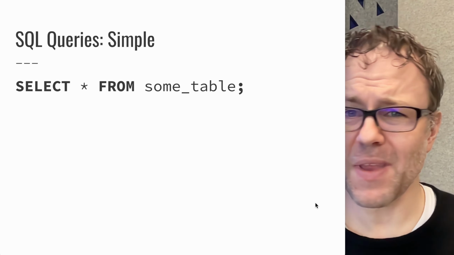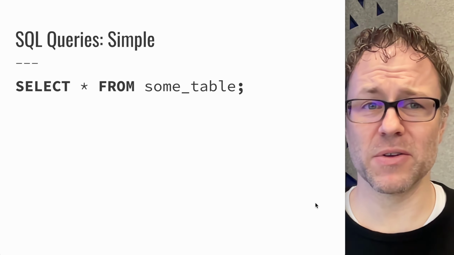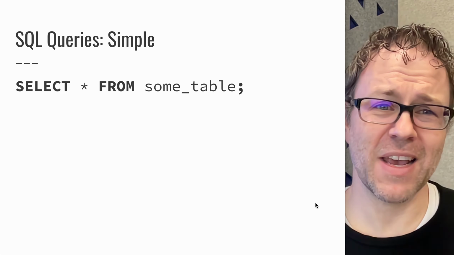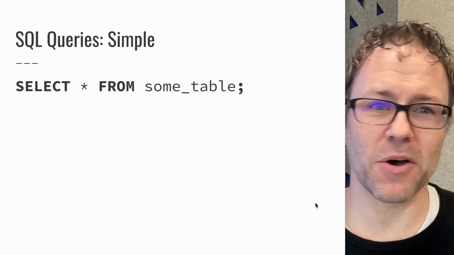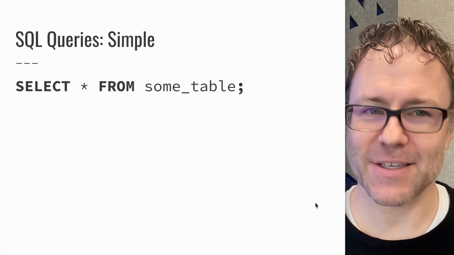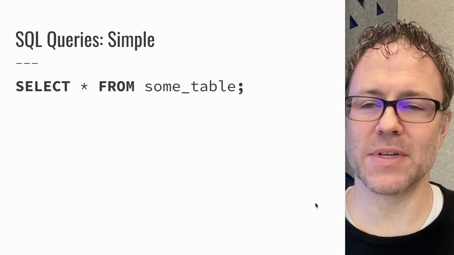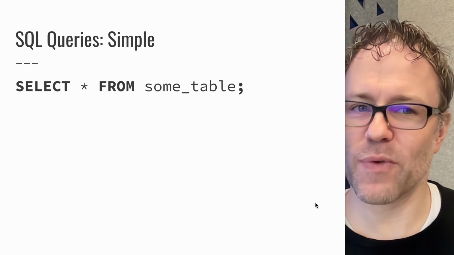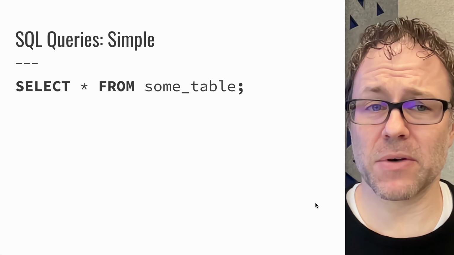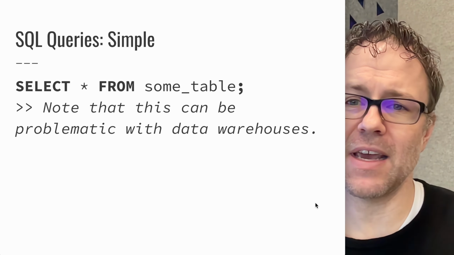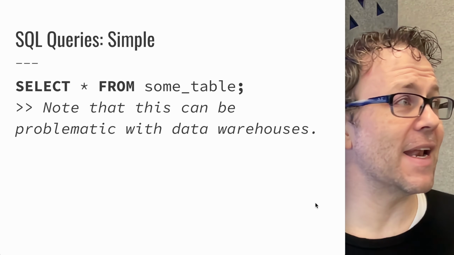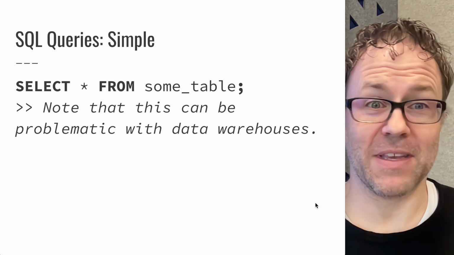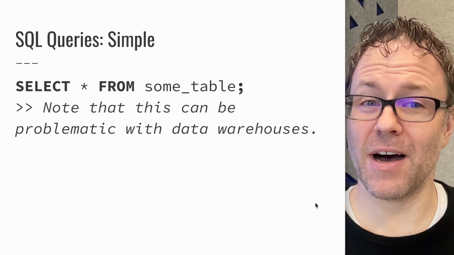So that's probably the simplest SQL query you'll see, and where a lot of people will start. In fact, I've been a member of groups that call them select star, because select star is such a common way to get into a table. If you start with select star from some table, this is fine in a typical database, except that in a data warehouse, what you're going to run into is that this may be gigabytes, maybe even more of data.